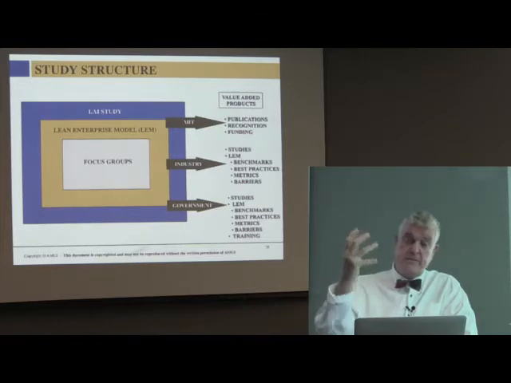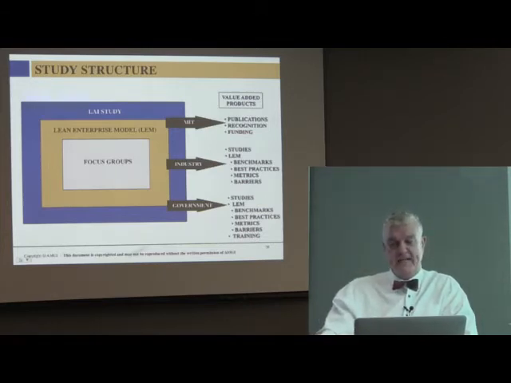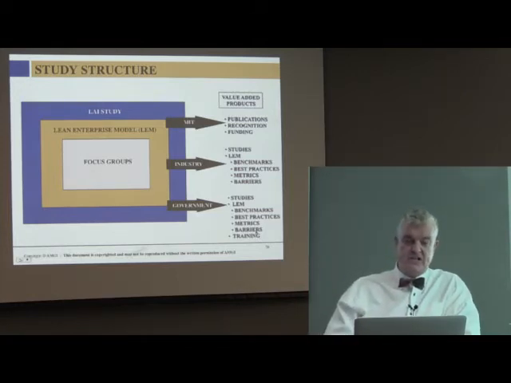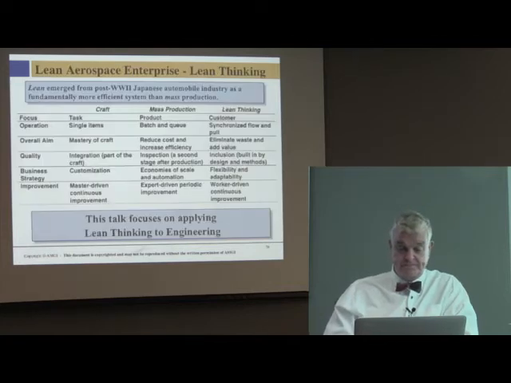That material that we generated was remarkably similar to the work that was delivered by MIT and this Lean Aerospace Initiative group. So they basically created best practices and benchmarks and metrics and so on for training so that they could transform the whole aerospace industry in the United States and anywhere else that wanted to use it.